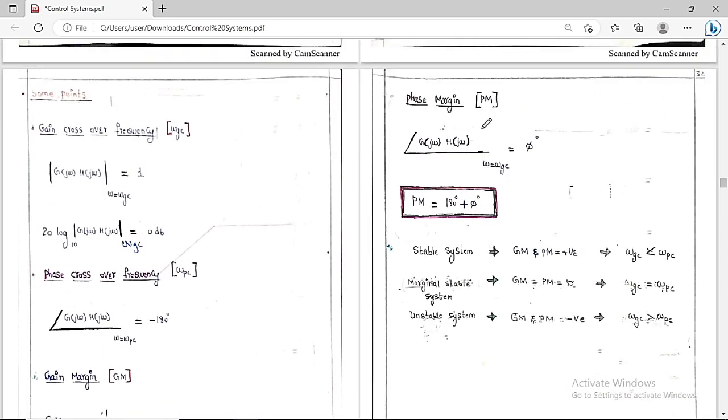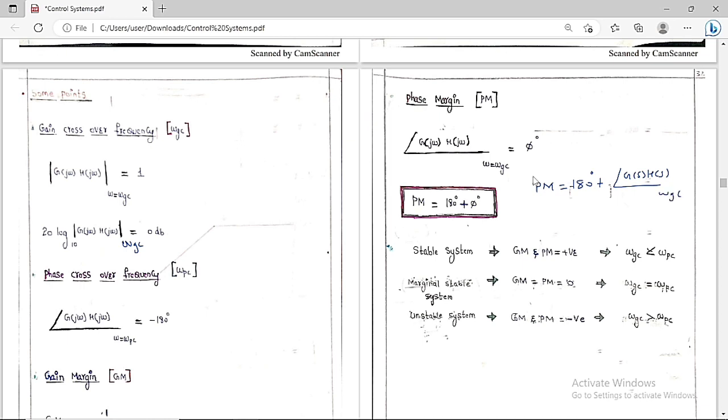Then what is the phase margin? Phase margin formula we have to remember. The phase margin is equal to 180 degree plus the phase angle of G of S, H of S at omega GC.